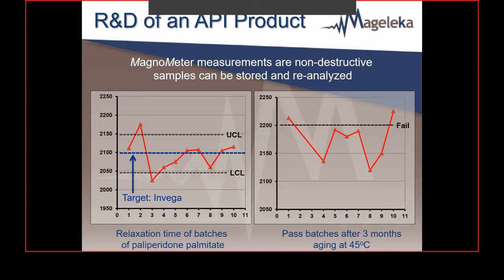By aging, you're going to get some particle aggregation, which means the relaxation time is going to go up. And what we find now is that we get a change in all of them. They've all changed because they've all been sitting there for a period of three months. Again, I've simply arbitrarily set a fail line now of 2,200.